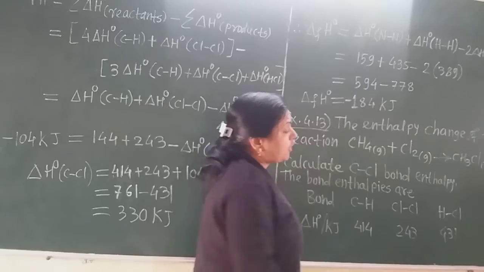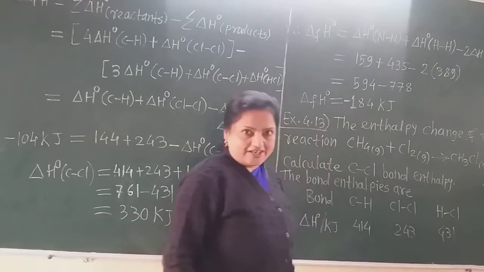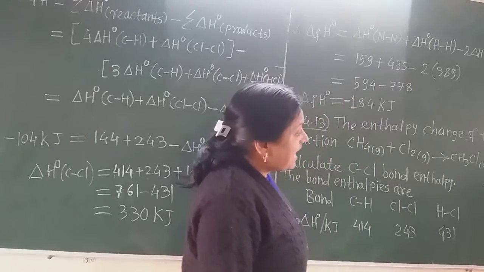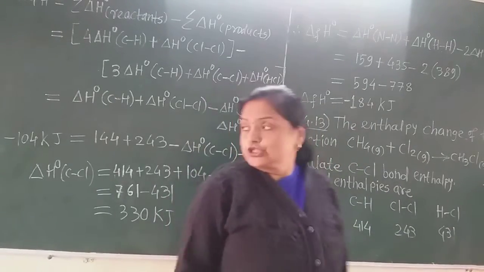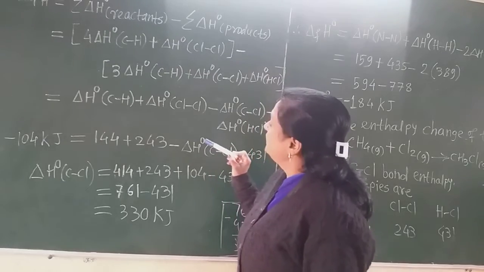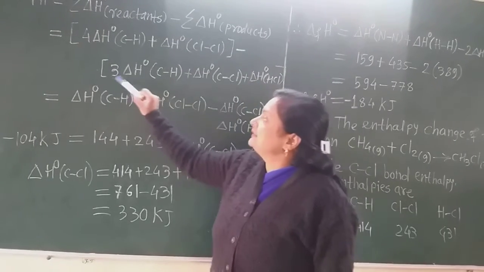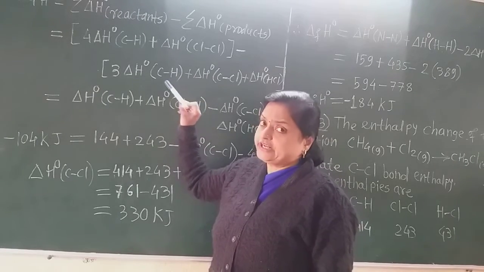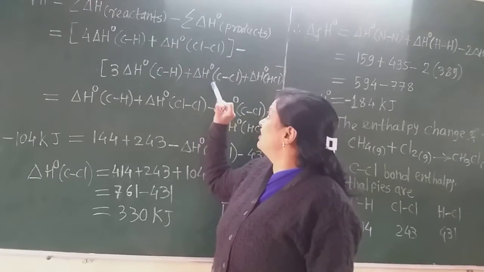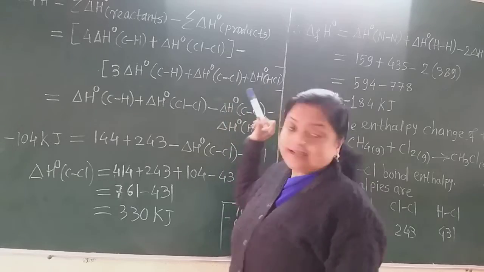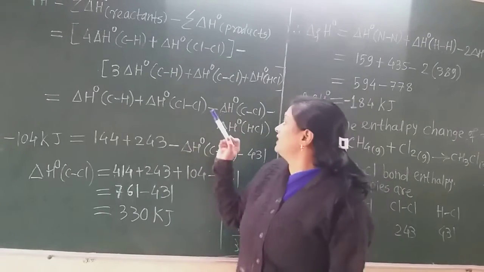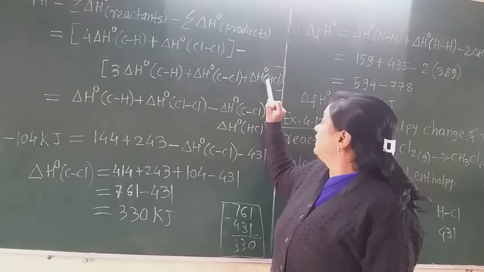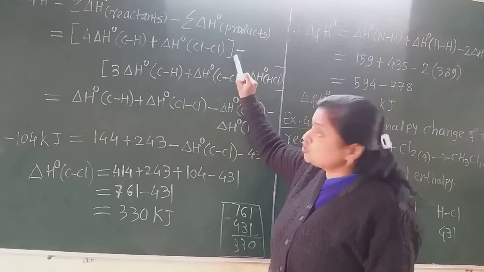What are there in the product? 3 C-H bonds, again 1 C-Cl bond and 1 H-Cl bond. So I write here in another bracket minus 3 enthalpy of C-H bond, because there are 3 C-H bonds in CH3Cl, and 1 C-Cl bond, and again there is the HCl, so 1 H-Cl bond. Now solve this.